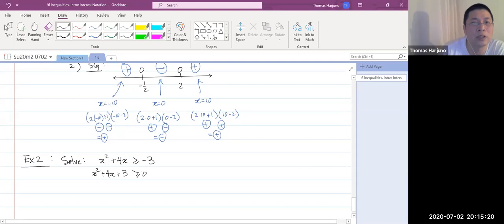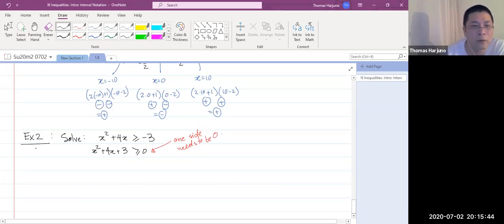Okay, so one side of the inequality needs to be 0 before you start the procedure. Again, because we do a sign graph where we only see the plus and minus.